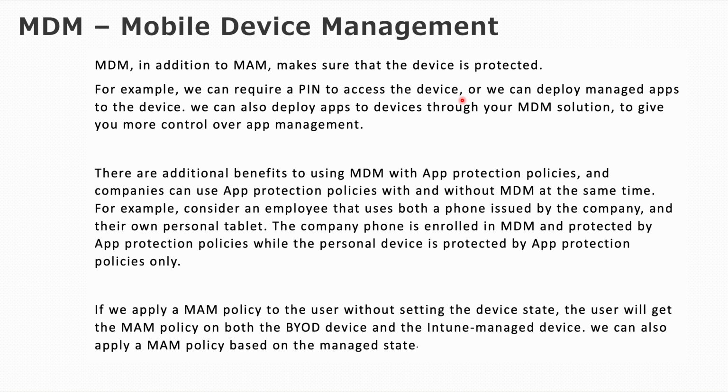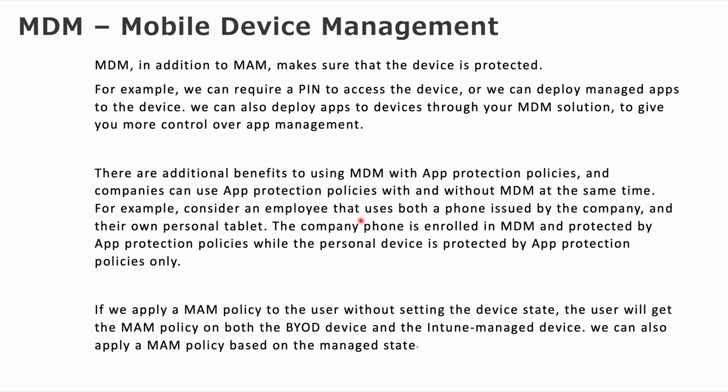We can deploy apps through your MDM solution, which gives you, as an admin, more control over app management, because we are controlling the entire device. There are additional benefits to using MDM with app protection policy. As I mentioned, you can use MDM with app protection as well, and companies can use the app protection policy with and without MDM at the same time.